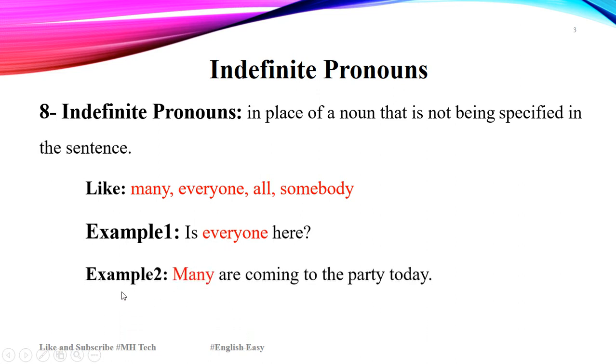So here we have example 2. Many are coming to the party today. We don't know the exact name of the person, or how many people will come to the party, so it's not clear. So we use the word many. Many are coming to the party today. So it's an indefinite pronoun.